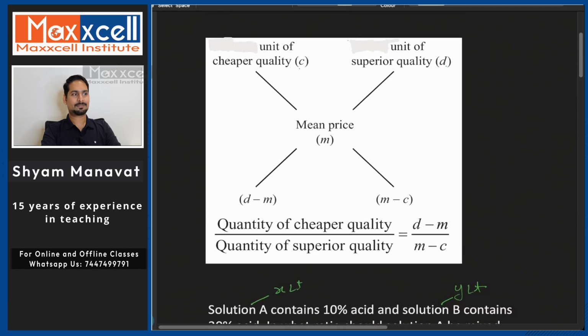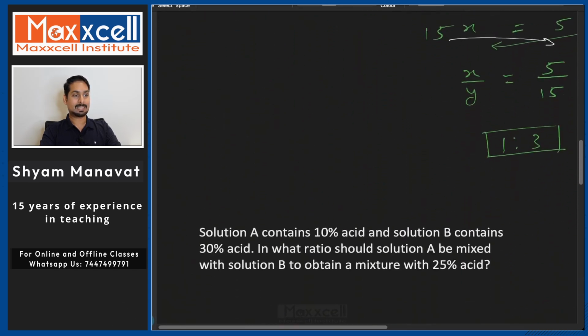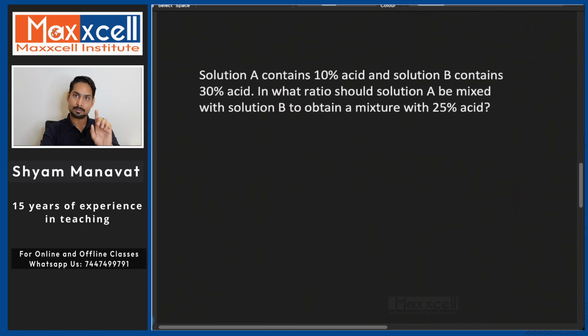You take the units of cheaper quantity and superior quantity, and you take the mean, that means the value of the mixture in between, and you do the cross difference. And this cross difference is going to get you the ratio of quantity of cheaper to quantity of dearer. You don't have to worry. I'm there with you. So let us understand this with the question.